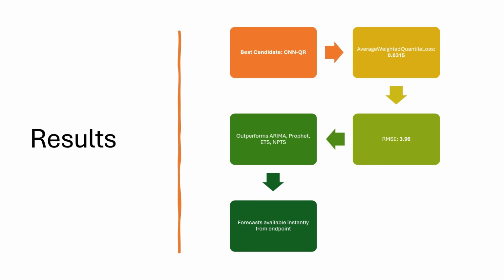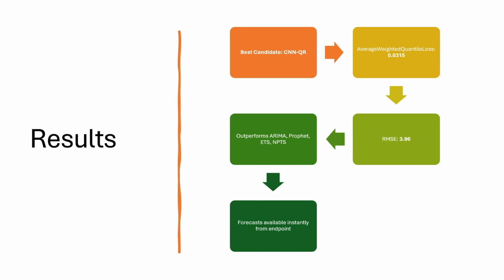Now, if you see the result which we actually got for the trained model, the best candidate, the model which turned out to be the best, was a model architecture known as CNN-QR. The average weighted quantile loss, which is a metric or loss function which we monitor, we got 0.0135, and the root mean square error we got was 3.96.